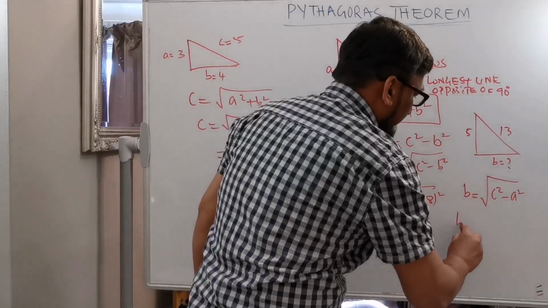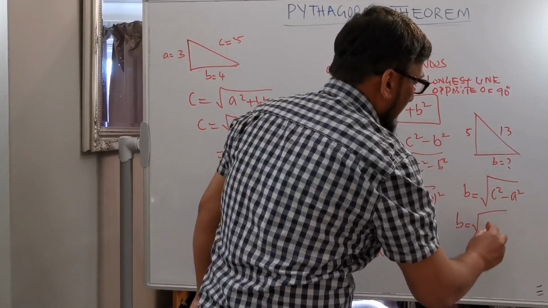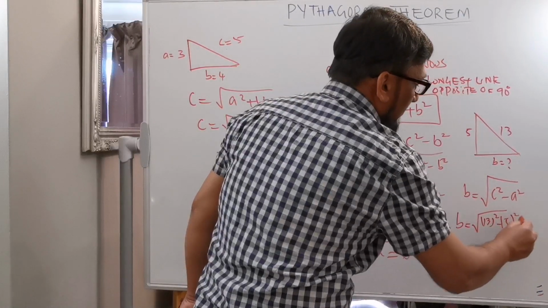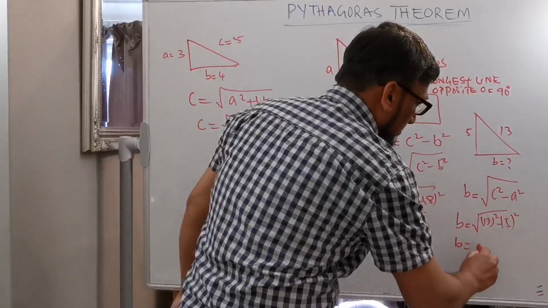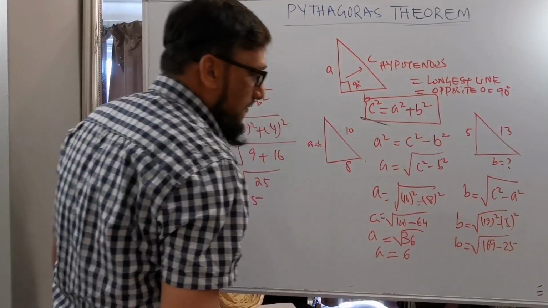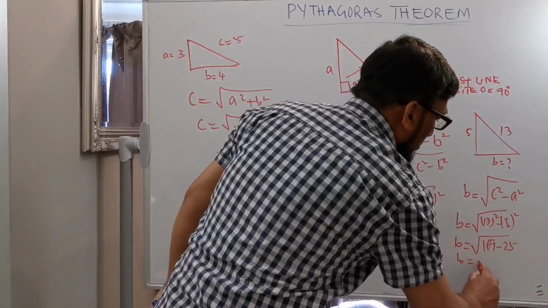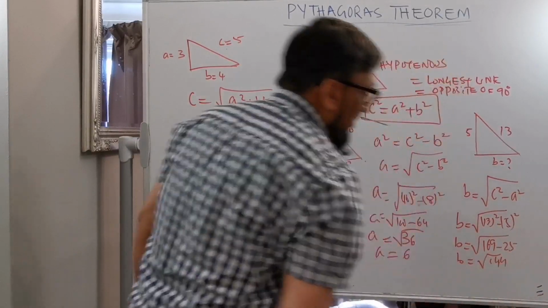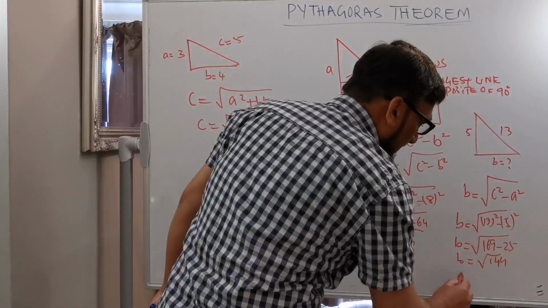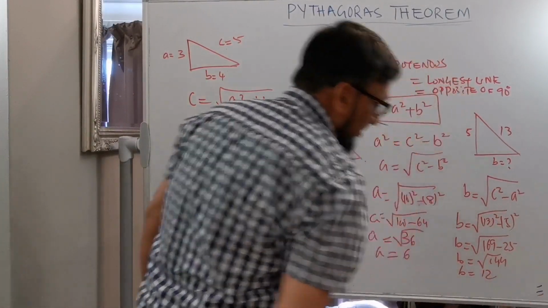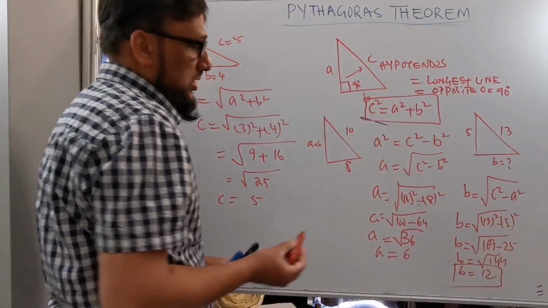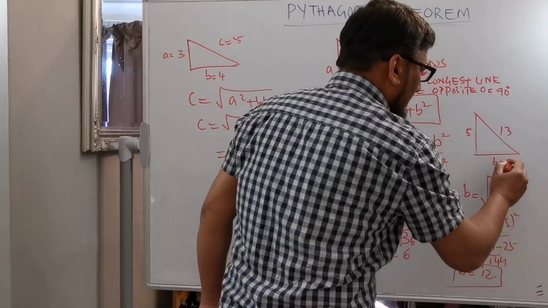Just substitute the values: 13 square minus 5 square, so B equals the square root of 169 minus 25, which is the square root of 144. We know 12 times 12 is 144, so the root cancels and the answer is 12. This is our third example.